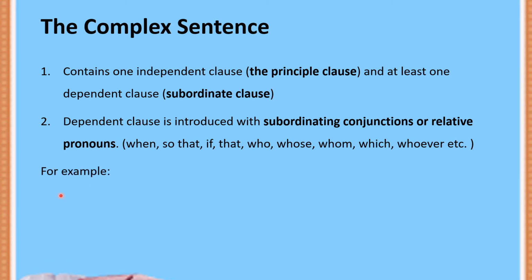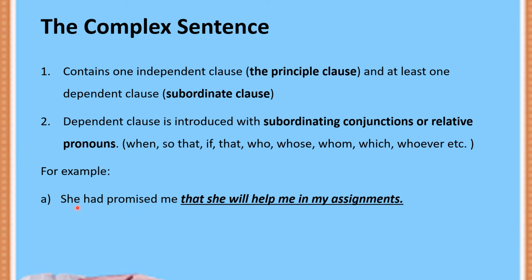For example, she had promised me that she will help me in my assignments. Now, the first clause, she had promised me, is the principal clause because it can stand on its own, and it is the independent clause. But the second clause, that she will help me in my assignments, is the dependent clause.